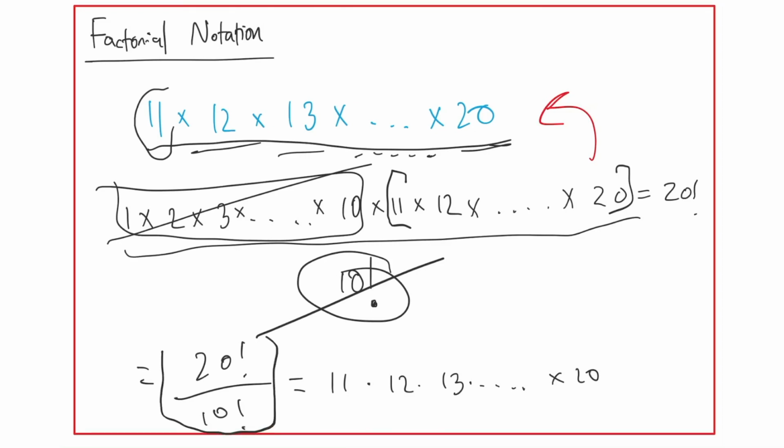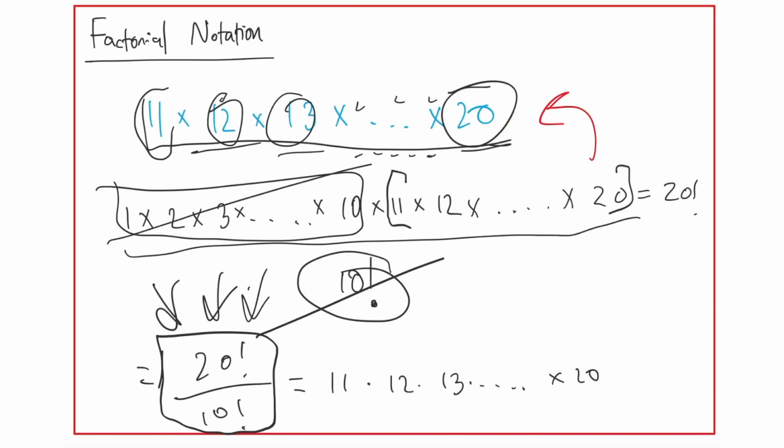Putting this into the calculator would give us the answer. Using our knowledge about factorials, we were able to simplify the problem and look at it from a different perspective. We can plug this straight into our calculators instead of multiplying 11 times 12 times 13 all the way up to 20, which could be easier, but since we want to show how factorials play out, I used this example.